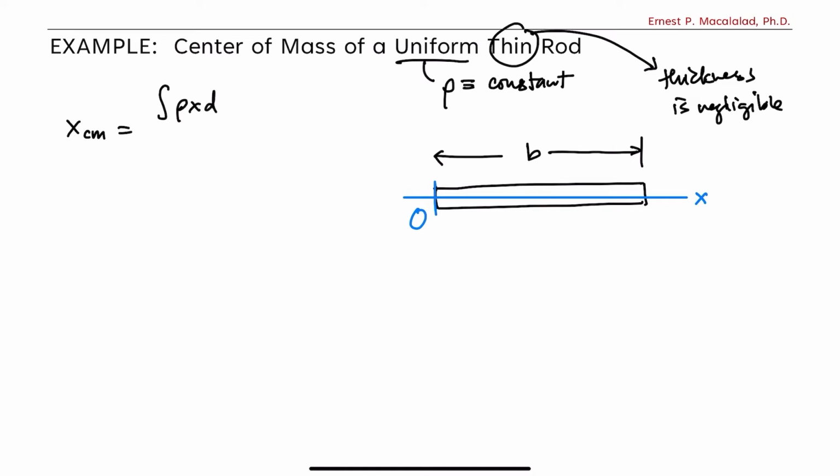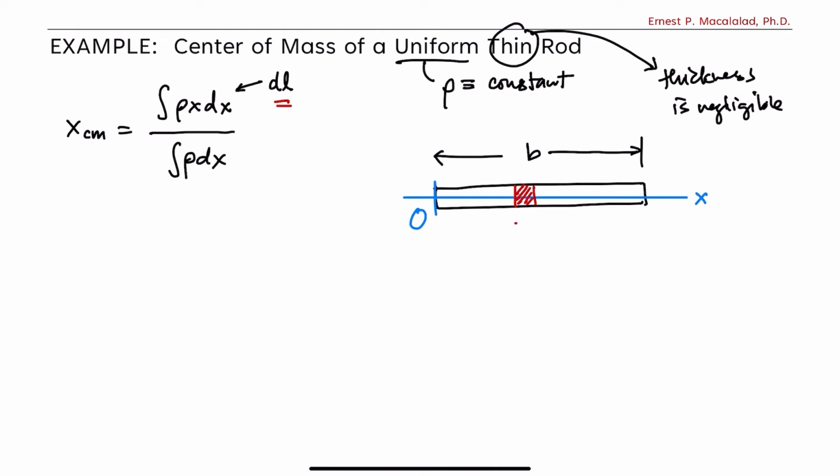Okay, so by definition, the center of mass along the x-axis would be equal to the integral of rho x dx. Here, our dl will be dx. Okay, divided by integral of rho dx. So what does it mean? So if we're going to choose one element with length dl, so let's say this element.